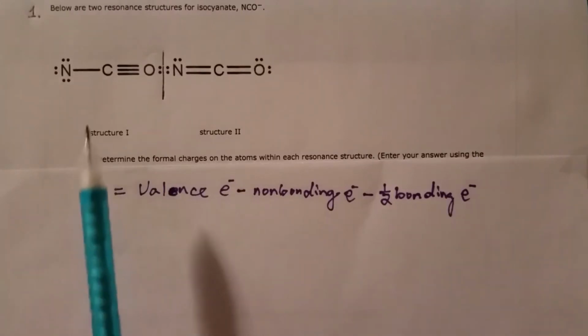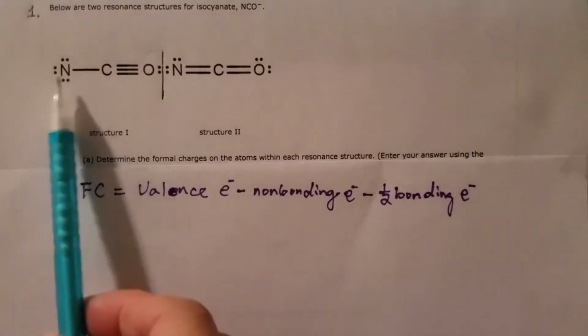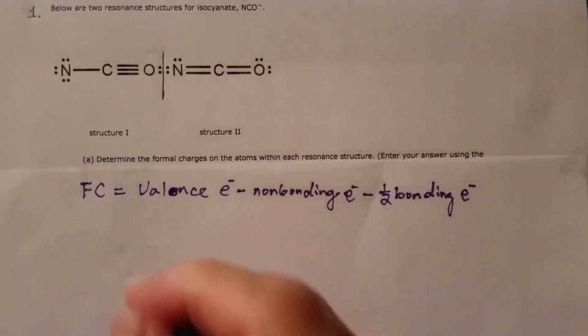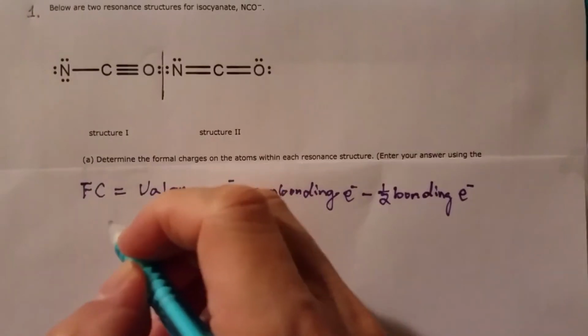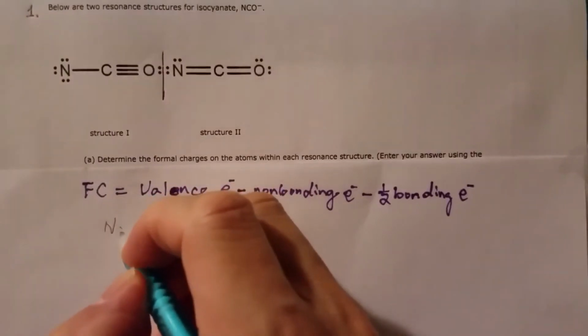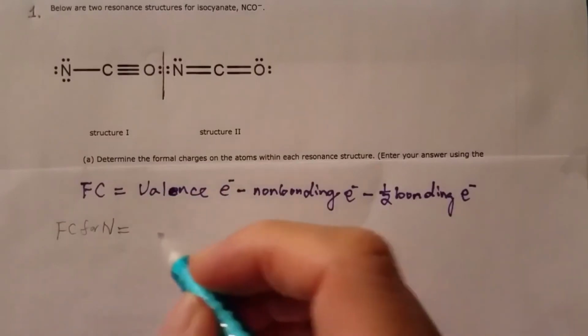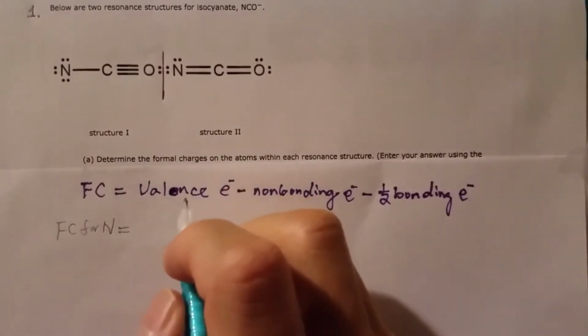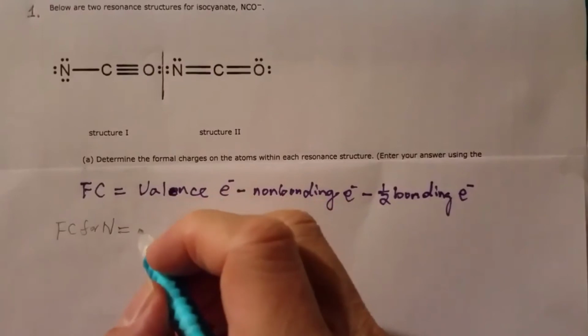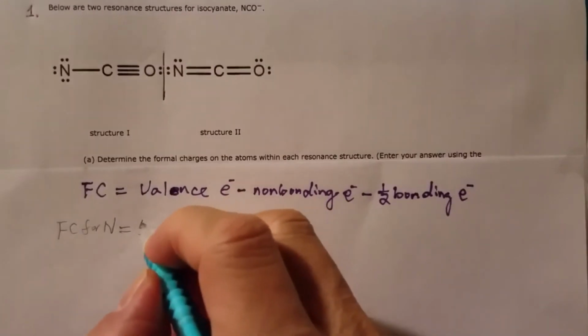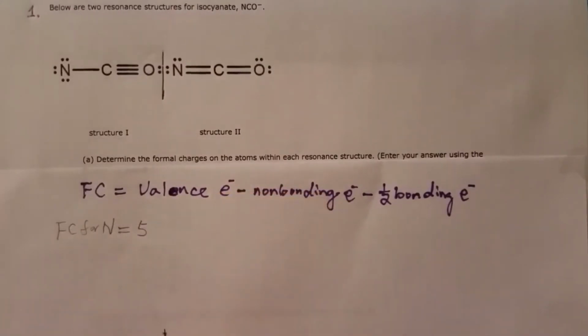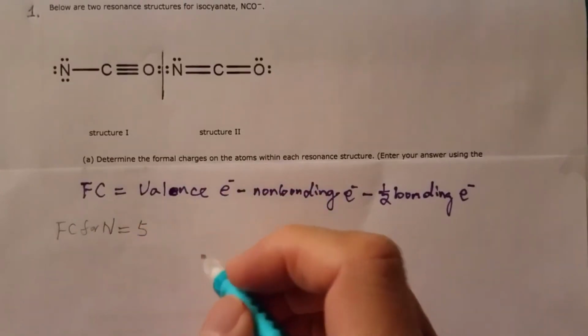Now let's work on structure 1. First, let's do nitrogen. So the number of valence electrons for nitrogen, that should be 5, because it's in group 5A. So 5 electrons.